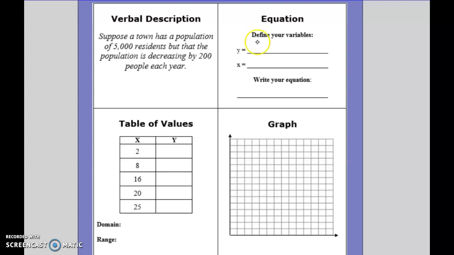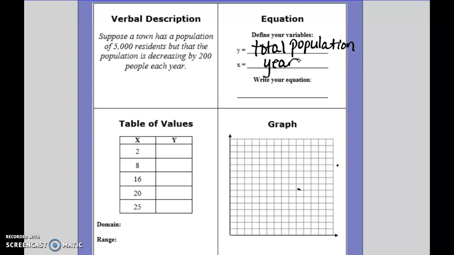Y represents the total population. Okay, so we have your total population. And X represents the years. So X represents the years that have passed, how many years have passed, and Y represents your total population.